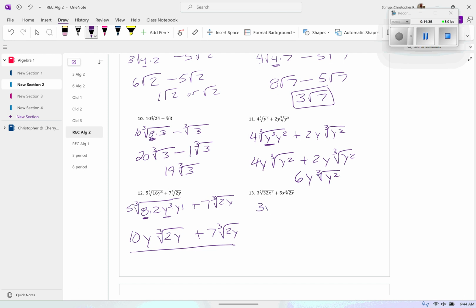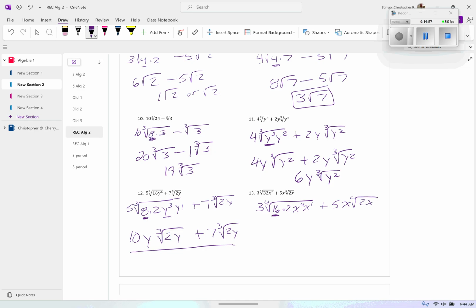All right, last example. So I get 3. I want perfect fourth roots. So 32 is 2 to the fifth because 2 times 2 times 2 times 2 is 16. That's a perfect fourth times 2. Then I'm going to break x to the fifth to x to the fourth, x to the first, plus 5x fourth root of 2x.